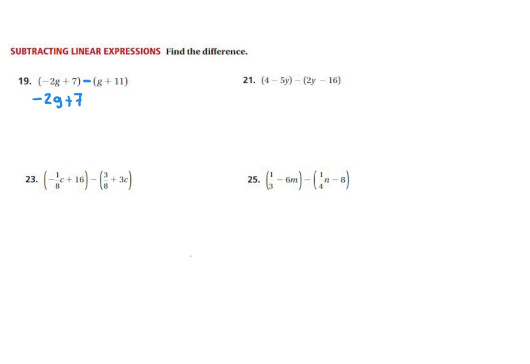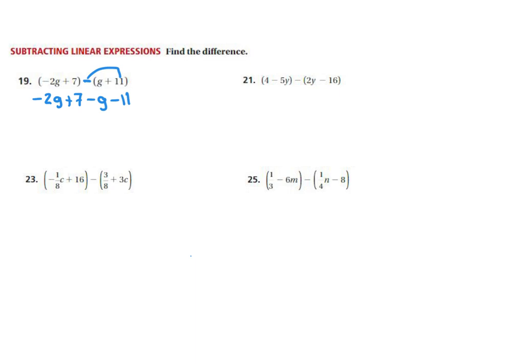So instead of doing minus positive g, we can just take away g, and then we're going to do minus, or the opposite of adding 11. Opposite of adding 11 would be take away 11. So see, whatever the term is in the parentheses, you are just going to write its opposite.